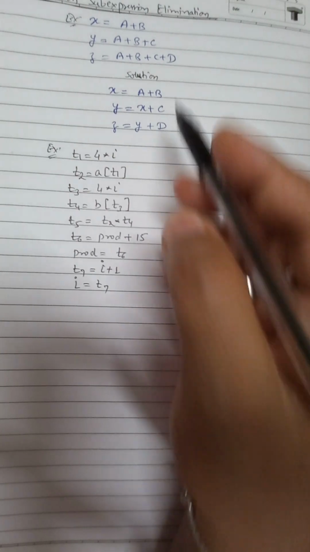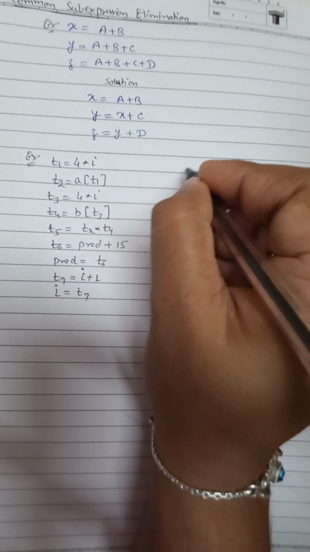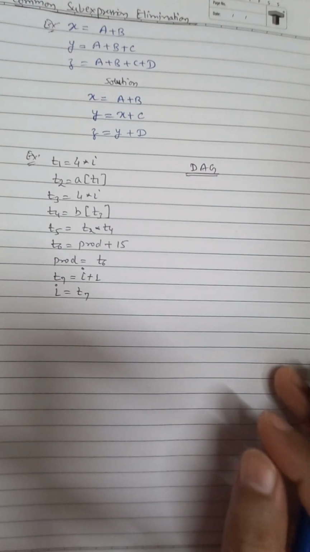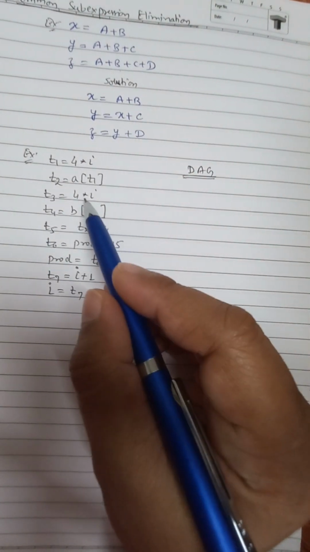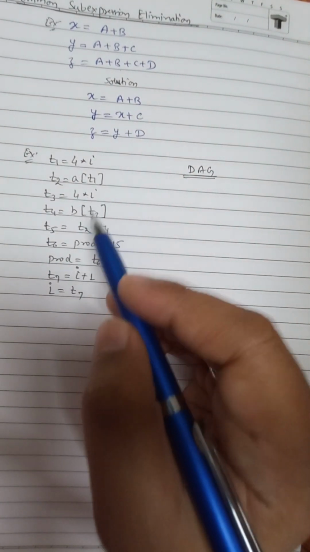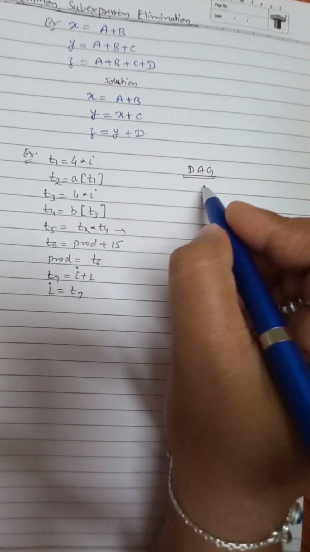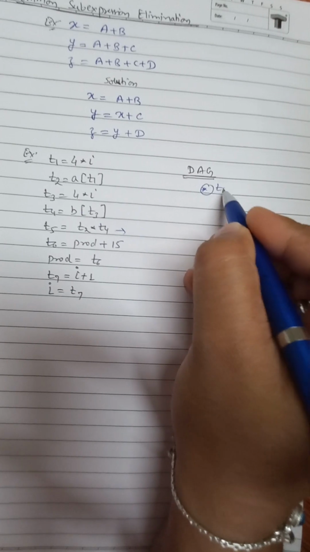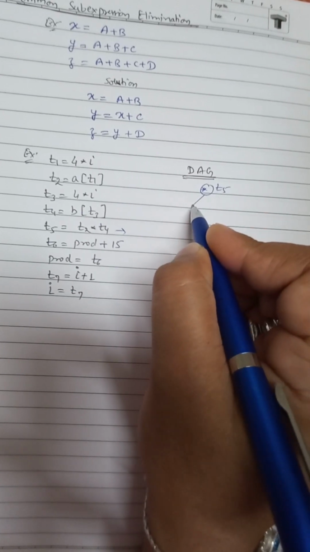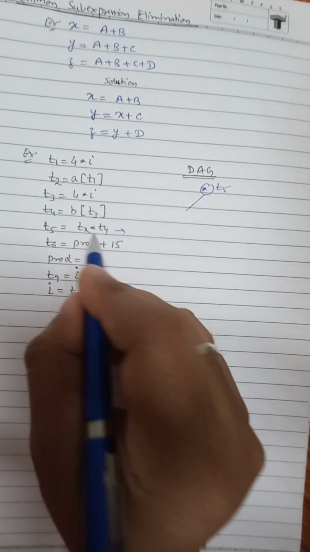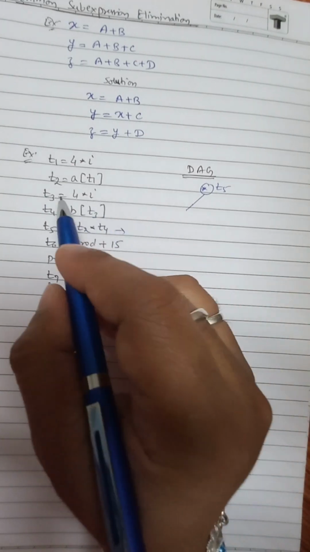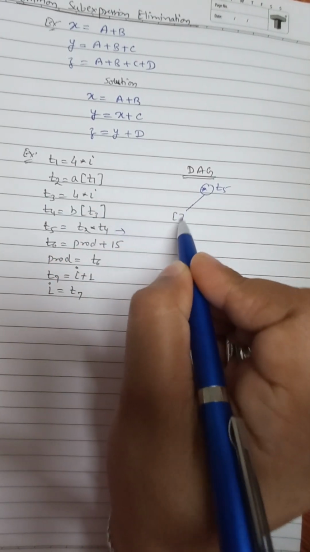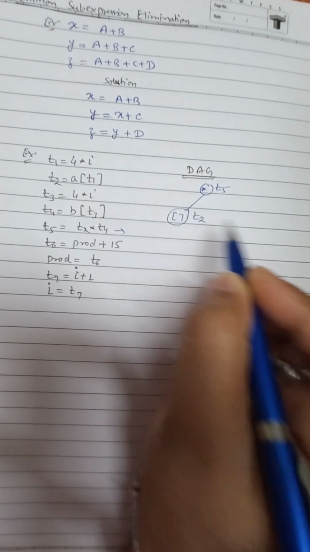Now I am making the DAG of this code, to see how we can eliminate the common subexpression. Suppose first I take T5. I am writing a multiplication sign for T5, because T5 is equal to T2 into T4, right? In T2, what have we assigned? I am assigning it like this, and I am writing T2.